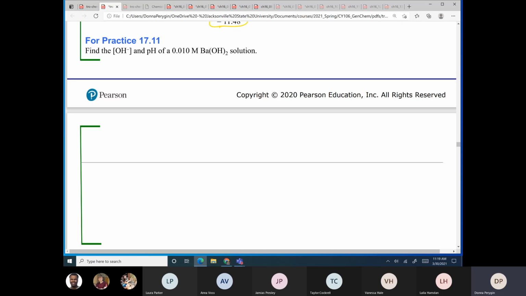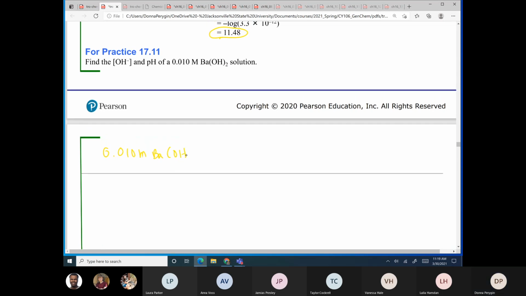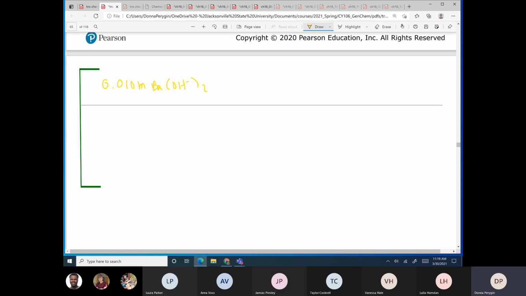Find the hydroxide ion concentration and the pH of a 0.010 molar barium hydroxide solution. Ugh, I didn't write that right. Okay, so let's write the formula for the dissociation of barium hydroxide in water.